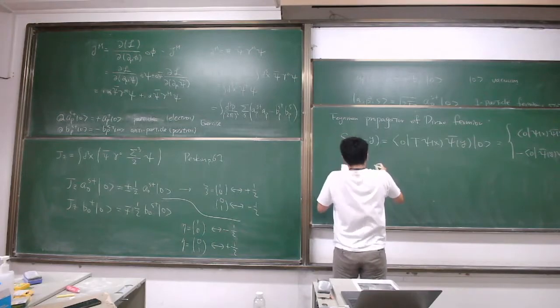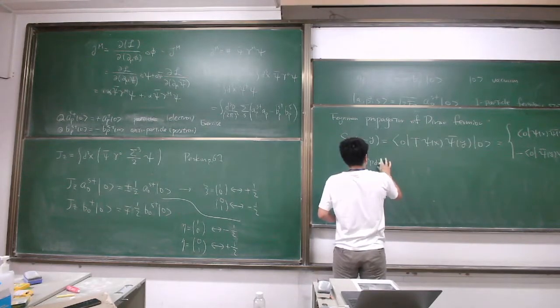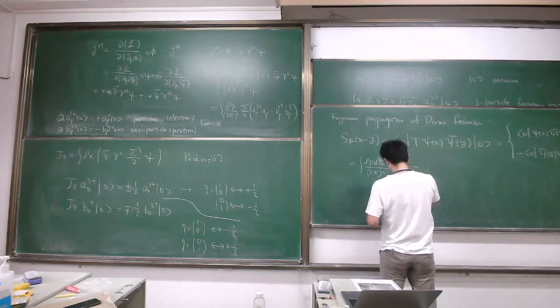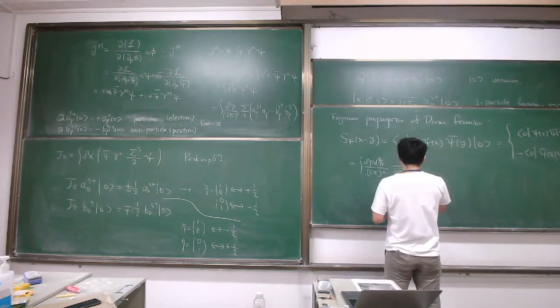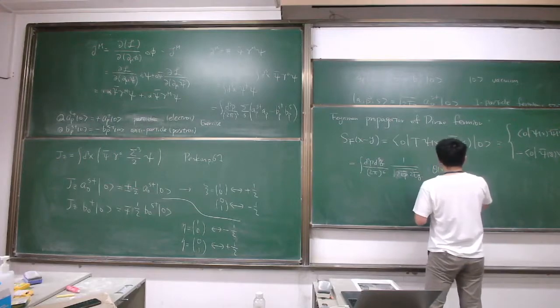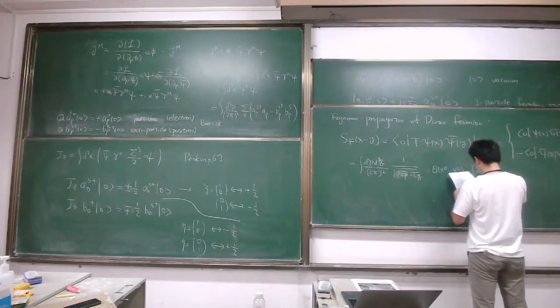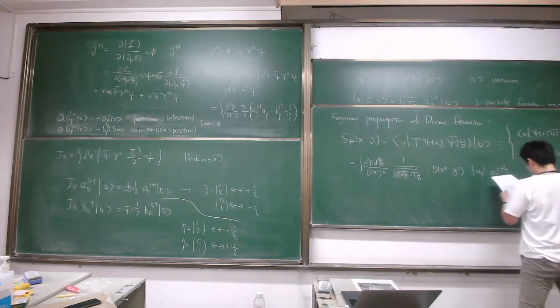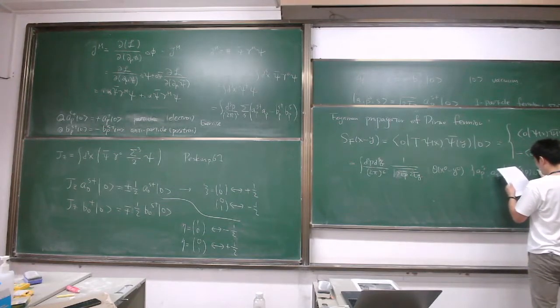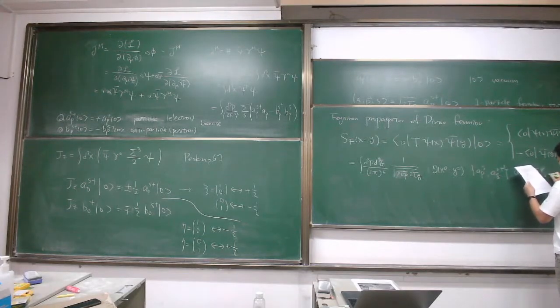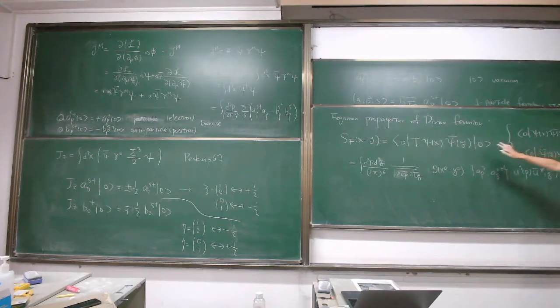So what we get is the dp, dq, dq, over 2 pi to the 6, and then, so this is what you get. If you just plug this Fourier transformation in here, you have this one.